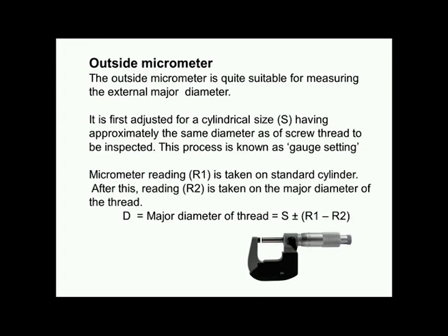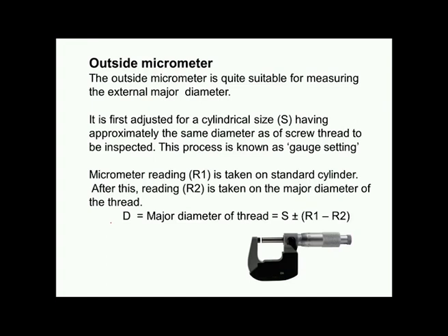And then we can conveniently use an outside micrometer also for measurement of the major diameter. Care should be taken to see that the crests of the thread are not over pressurized.